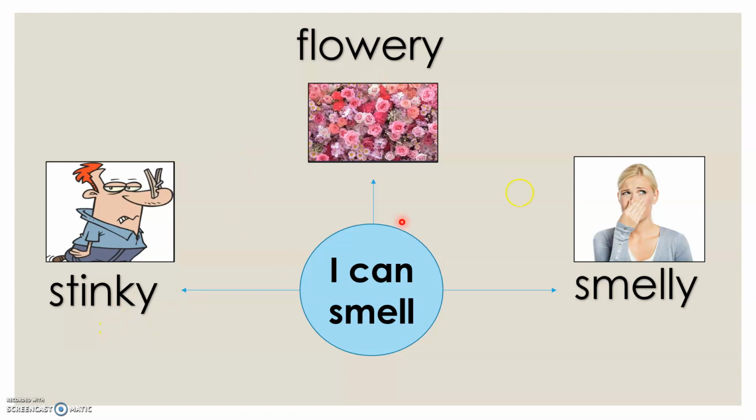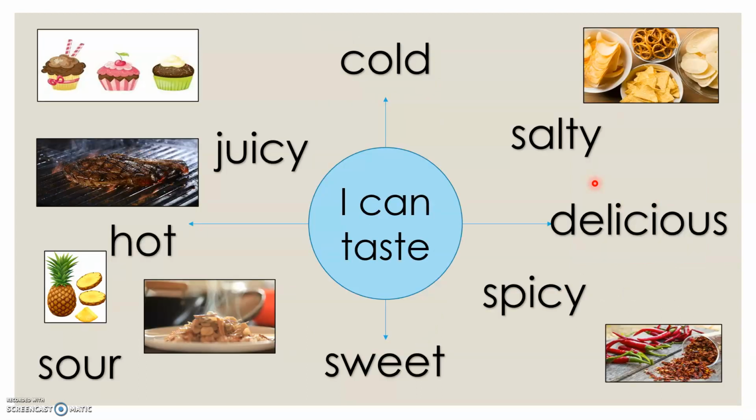Flowery, stinky, smelly, nice, refreshing, for example. Okay, so according to the taste, we have too many adjectives which are related to the taste, what we can taste. Things cold, juicy, hot, sour, sweet, spicy, delicious, salty.